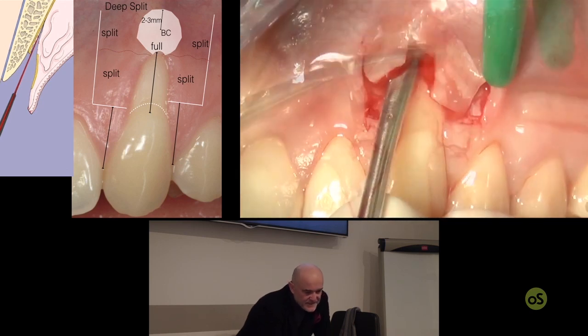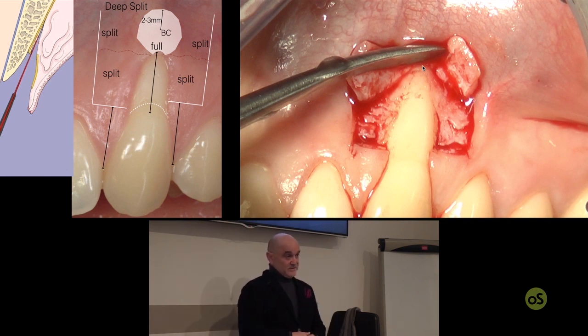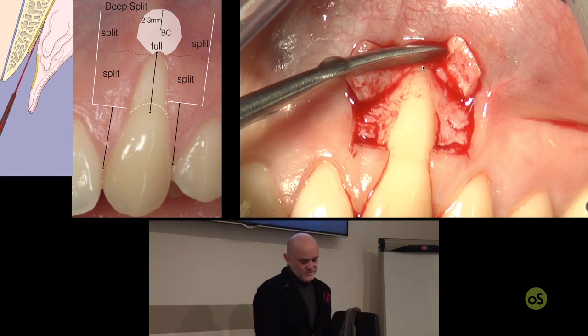So the full thickness elevation of the flap must be done until a couple of millimeters of bone are exposed apical to the buccal bone crest, only in the middle.